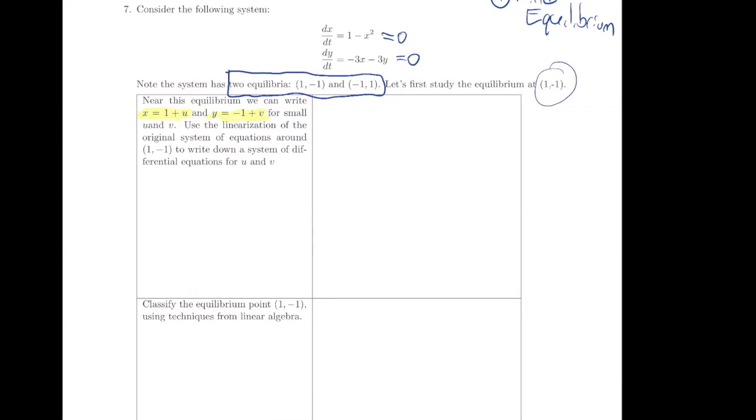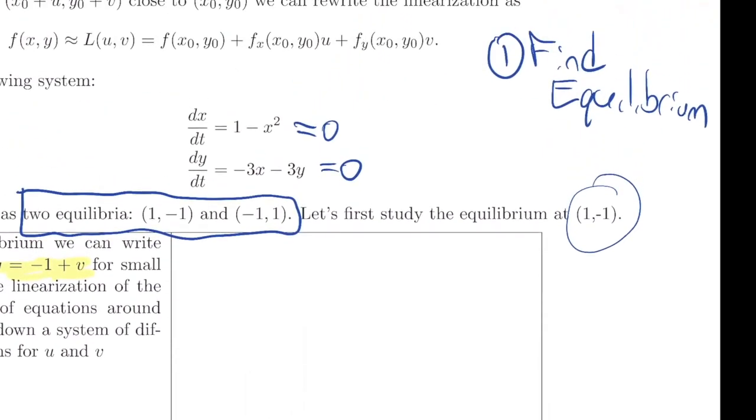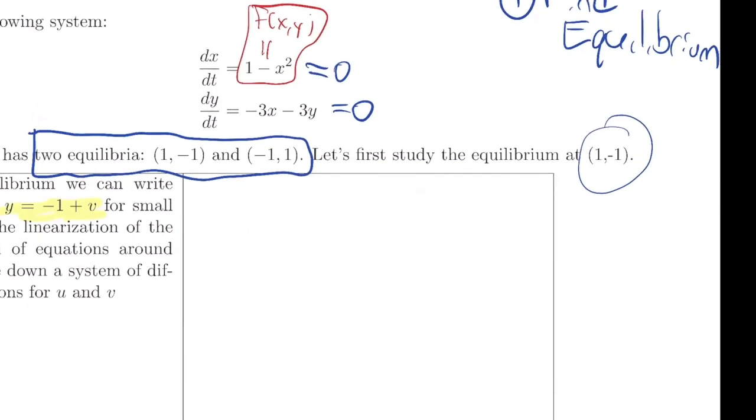Okay, and so we are going to then linearize both of these equations at 1, minus 1. So I'm going to call this equation up here f of x, y, although it really only depends on x. And I'm going to call this one over here g of x, y.